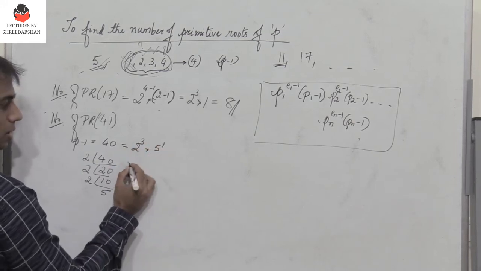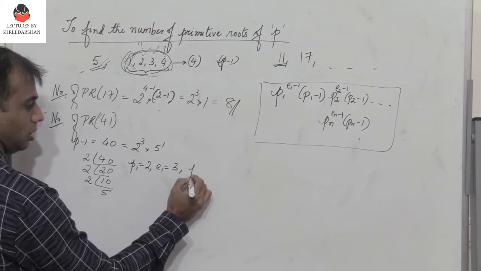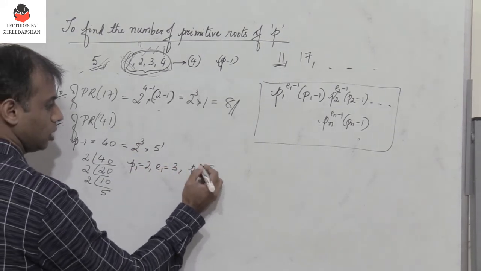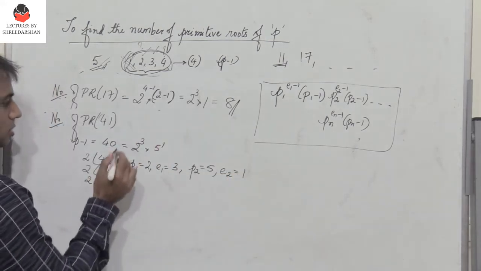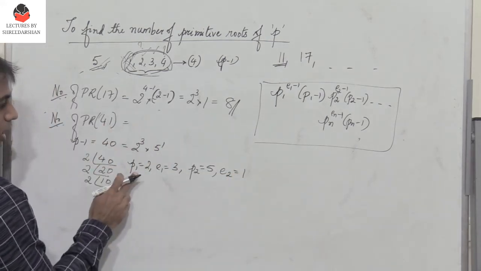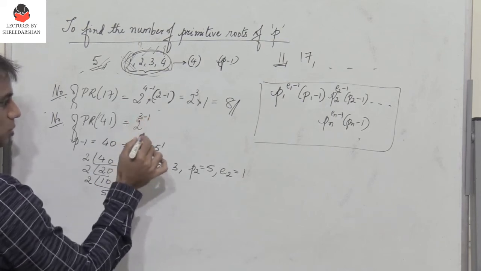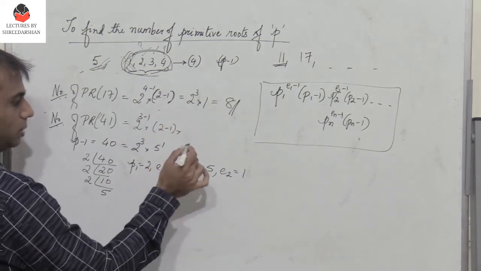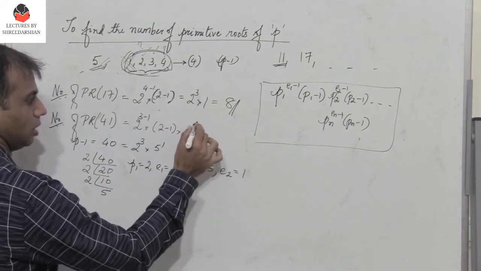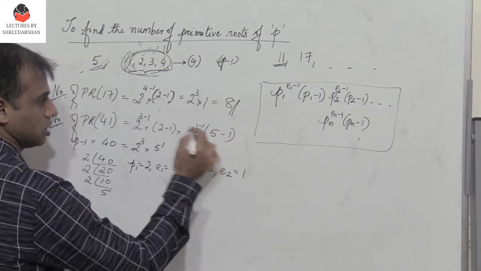So what is P1? It is 2. E1 is 3. P2 is 5, and what is E2? E2 is 1, right? So therefore here I have P1, which is 2 power E1 minus 1 into P1 minus 1 into P2 is 5 whole power 1 minus 1 into P2 minus 1, which is 5 minus 1.